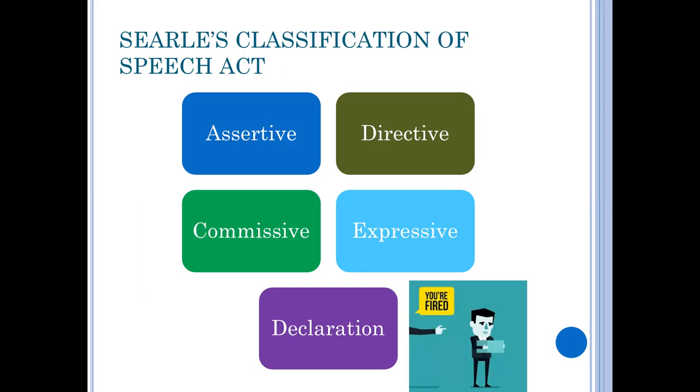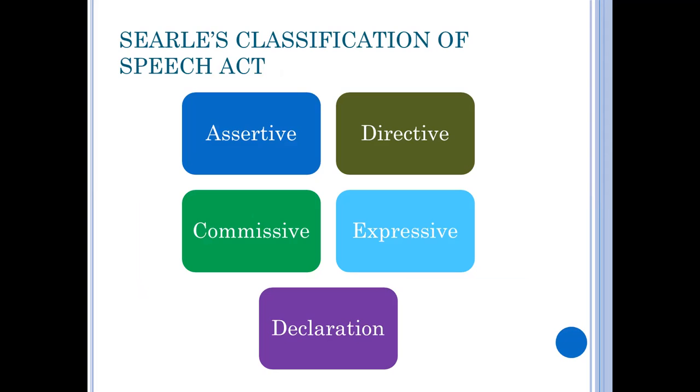So again, these are Searle's classification of speech acts: assertive, directive, commissive, expressive, and declaration. These are according to John Searle. We also have to discuss performatives, and Austin also introduced the concept of performative utterance.